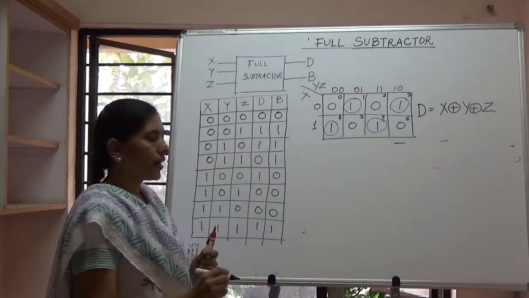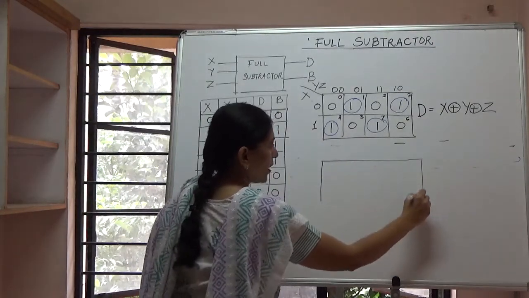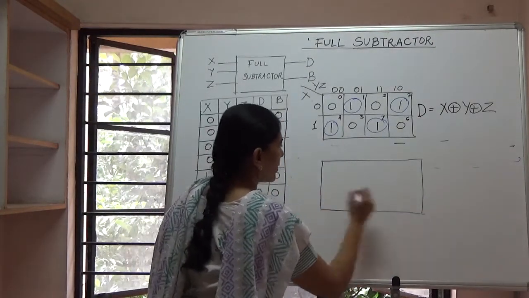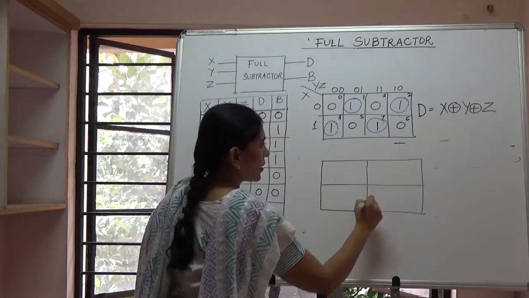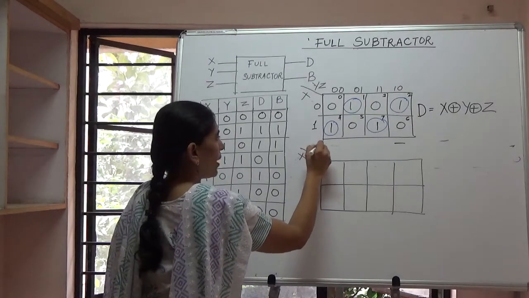Now let us write the K-map for the borrow bit. Again a 3-variable K-map. We assign the squares in the same manner as earlier.